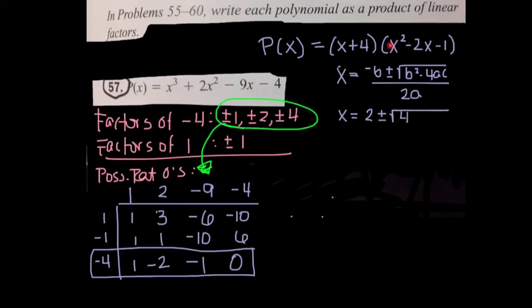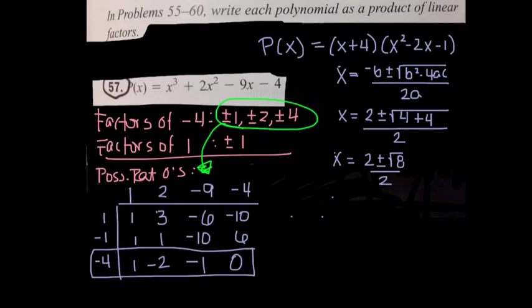So minus 4 times 1 times negative 1 actually ends up giving me plus 4. All over 2 times a, so that's all over 2 times 1, which is 2. So x is equal to 2, plus or minus the square root of 8 over 2.